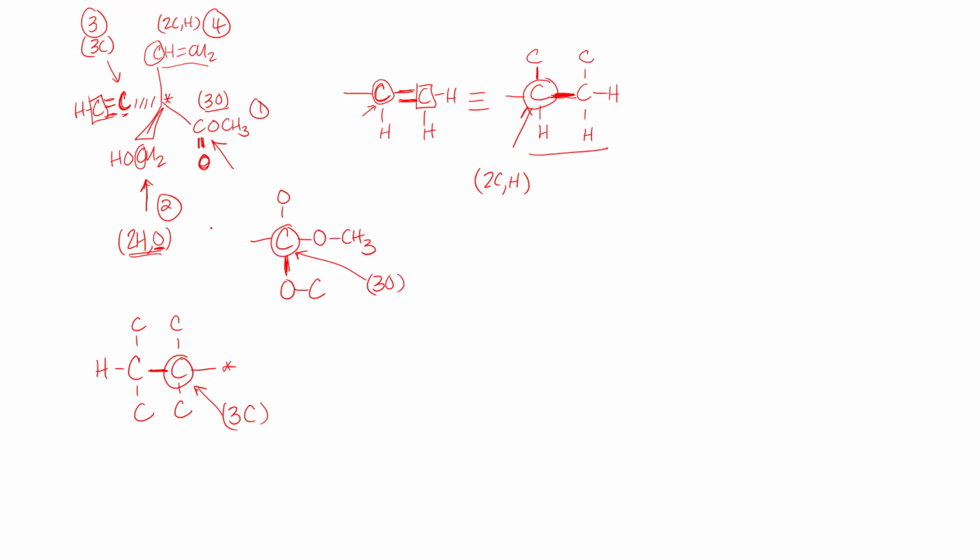So we always write out the multiple bond. If we have X multiply bonded to Y, we write the structure out with the single bonds, and then we give each atom a multiple number of single bonds.